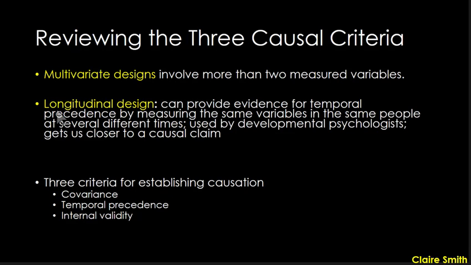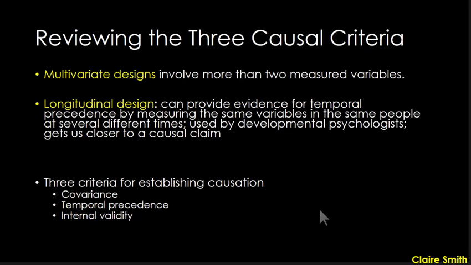But in this case, if we're doing a longitudinal design, measuring the variables multiple times over the length of some sort of time period, that'll allow us to look at temporal precedence, which is why a multivariate design in some cases is better than just a bivariate. And then the last bit is internal validity.